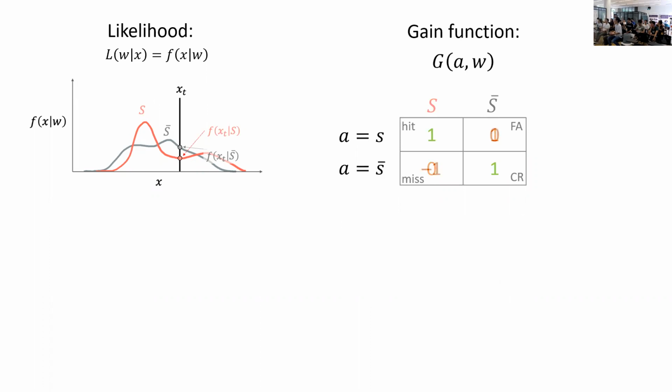And a very usual case could be like this. So again, this table is asymmetric. You could have 0 for false alarm, but could get -1 or even worse for miss.